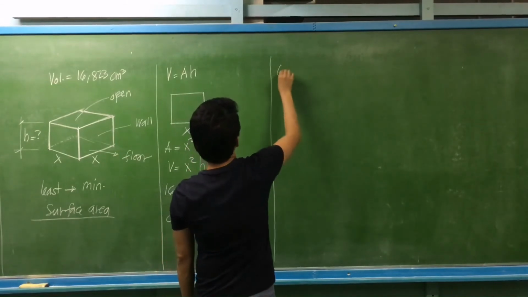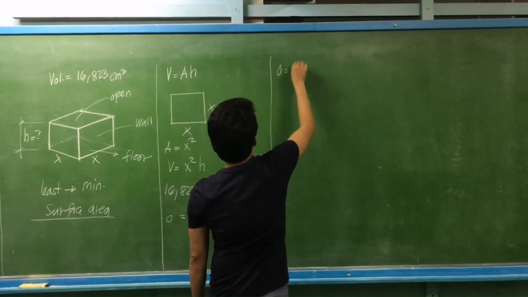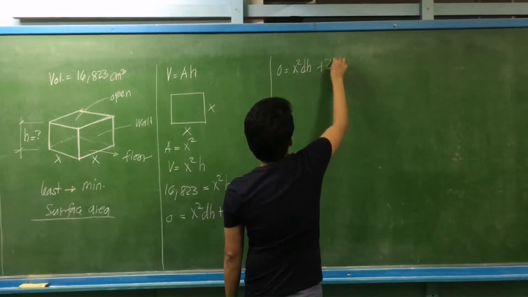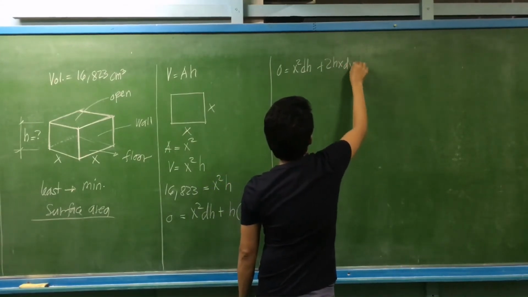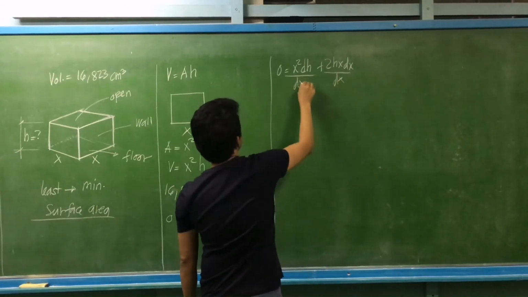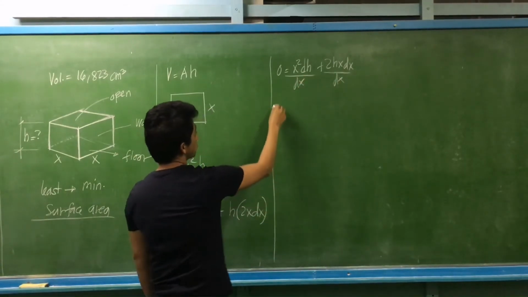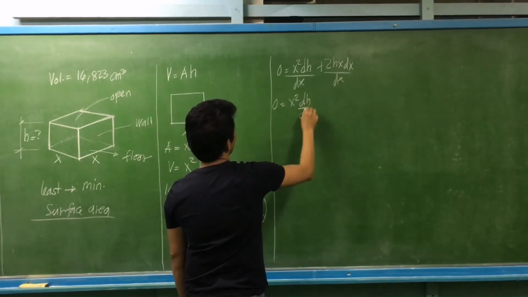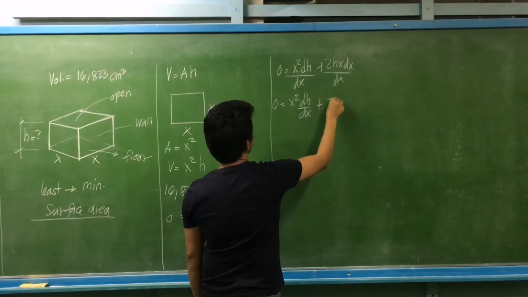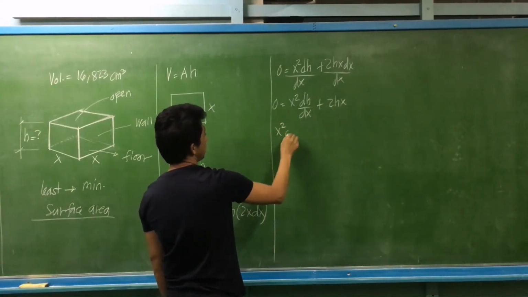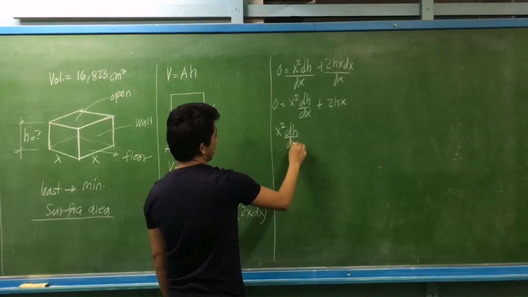This is the same as 0 equal to x squared dh plus 2hx dx. So dividing all terms by dx, we have 0 equal to x squared dh over dx plus 2hx. Or this is the same as x squared dh over dx.